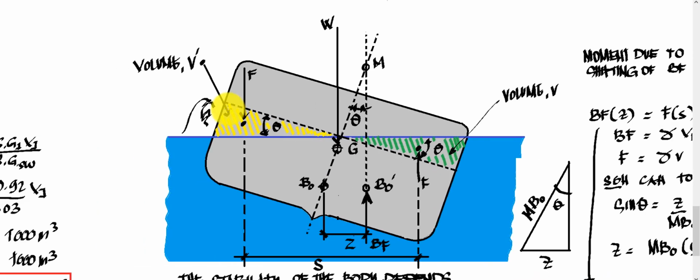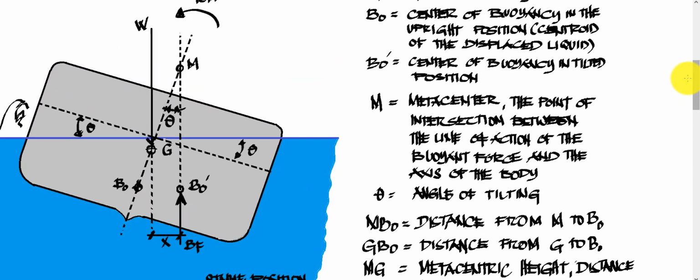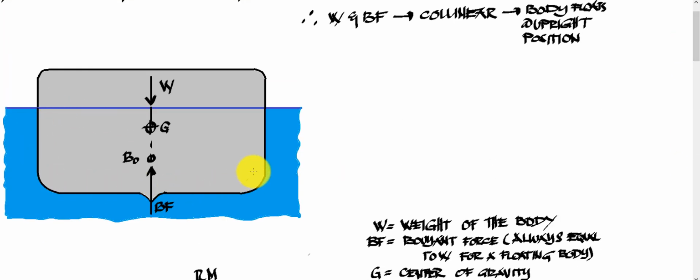So that is this part. Originally this is the volume being displaced. So this is the volume of the ship, which displaces the volume of water.